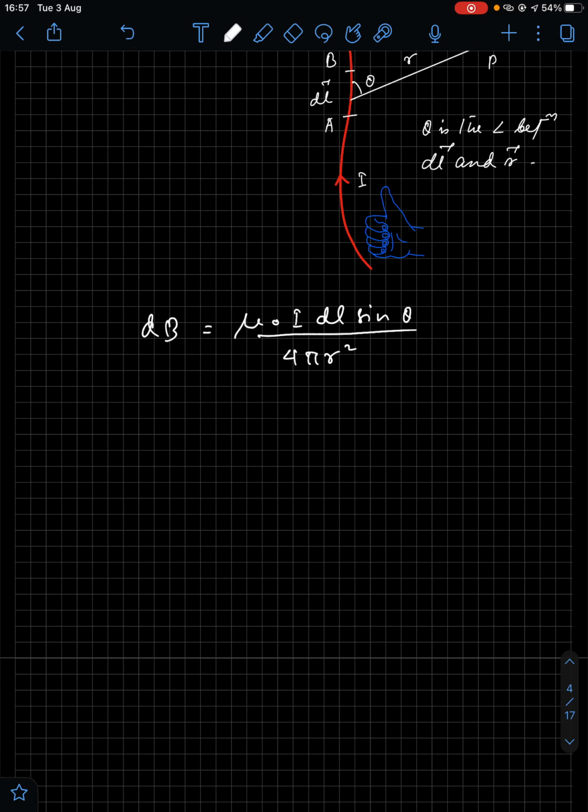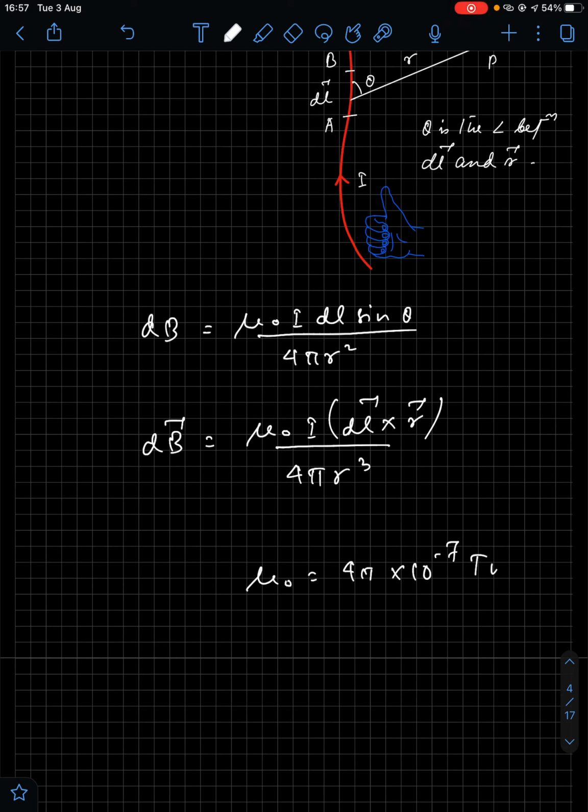So in vector form, how do you write this? dB vector equals mu naught I dl cross r vector divided by 4 pi r cube. What is the value of mu naught? Mu naught is 4 pi into 10 to the power minus 7 Tesla meter ampere inverse.